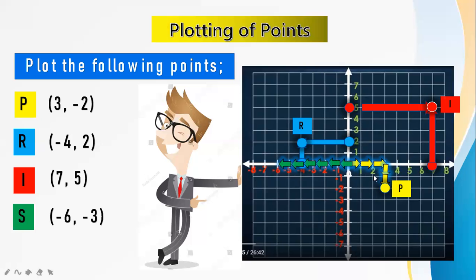This will be your x-axis and this will be your y. So move 3 units below: 1, 2, 3. And therefore, this will be your point. So we have point S.